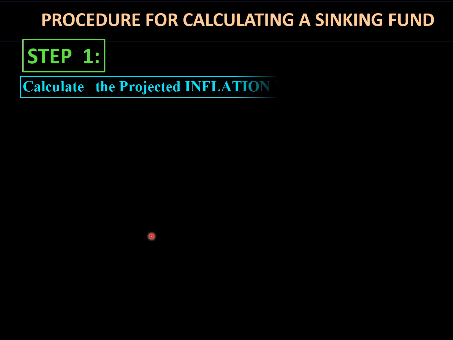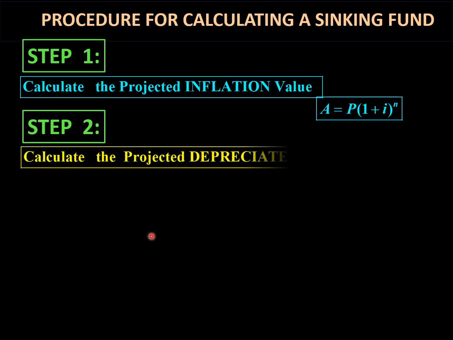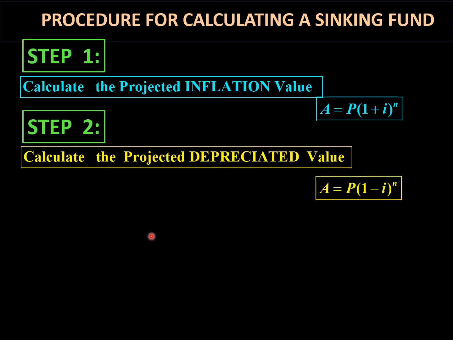Let's look at the procedure for calculating a sinking fund. Step 1, calculate the projected inflation value. What do we need there? The compound growth formula. Then step 2, we calculate the projected depreciated value. There we use the reducing balance depreciation formula.